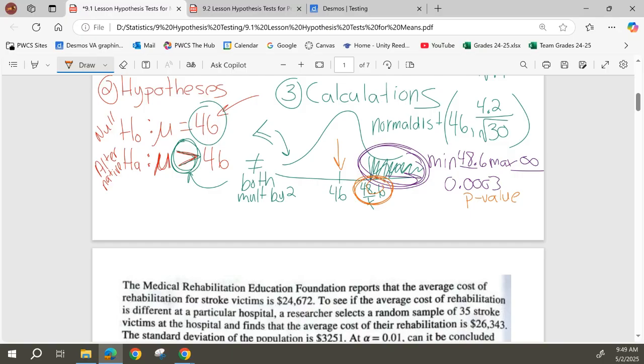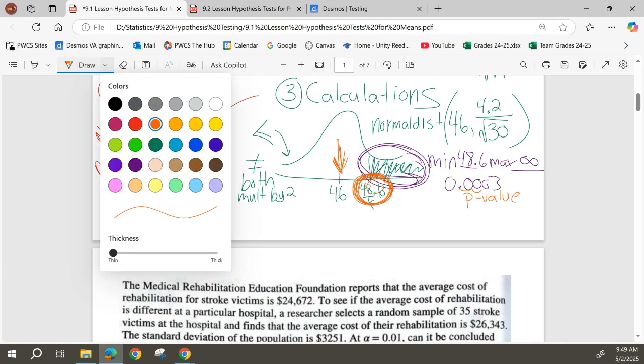But this p-value tells us that we have a less than 1% chance of getting this sample mean if 46 is the actual average age of the doctors in this system. So it's not really likely that our sample mean happens if this is really the average age.